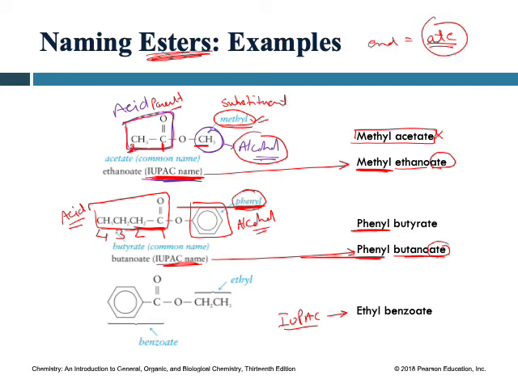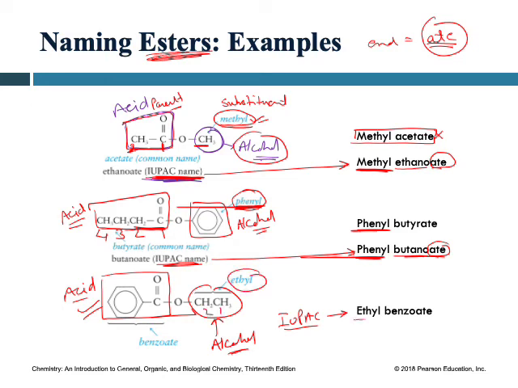Let's do the third one over here. This entire part comes from an acid, and this part comes from alcohol, so this part acts as a substituent. That's why it's ethyl, you have 2 carbons, ethyl, and this part comes from an acid. If you remember, this is again benzene and we are writing benzoate. Why? Because in this case benzene acts as the parent chain, not the substituent.